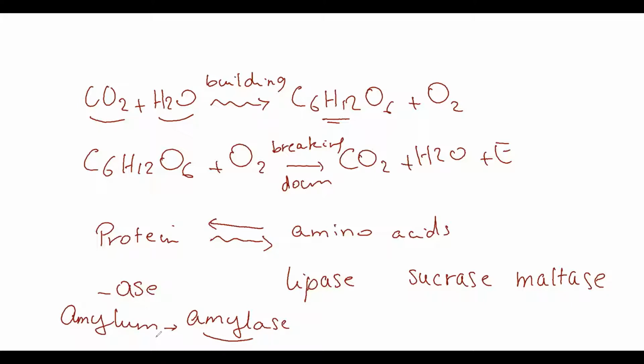And of course, there are hundreds of enzymes that are needed for different kinds of chemical reactions, and always the enzyme is named by the material that it is going to work on. Sucrose has a sucrase enzyme. Maltose has a maltase enzyme.